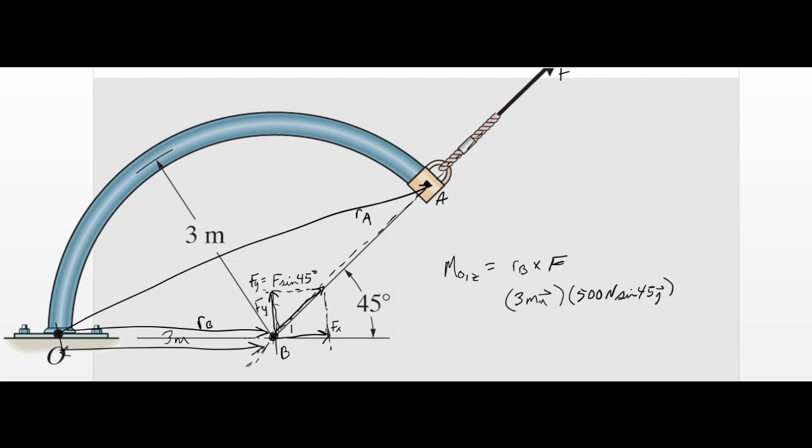So i times j is a positive k. So this M_Oz is equal to 1500 times sine 45 degrees newton meters.